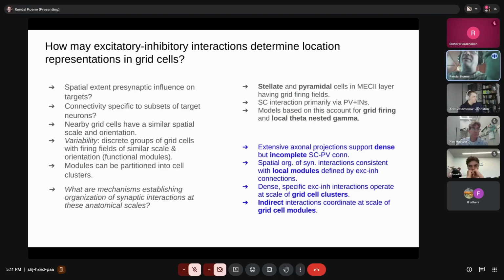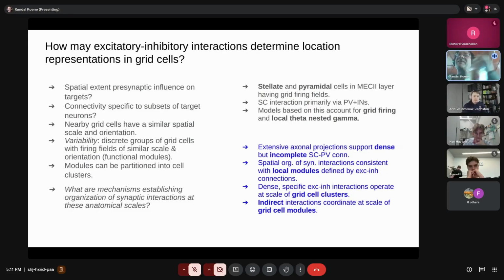In medial entorhinal cortex layer 2, the interactions between excitatory stellate cells and inhibitory parvalbumin positive interneurons, so the PV plus interneurons, as I'll be calling them from here on out, have received attention as a possible substrate for the emergence of grid firing fields. Both stellate and pyramidal cells in this layer have grid firing fields, in answer to your previous question.